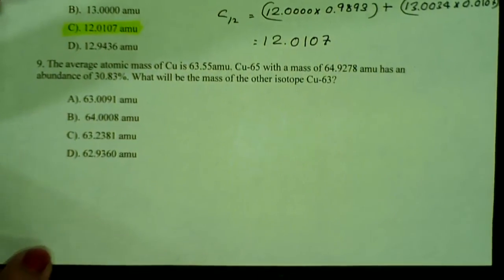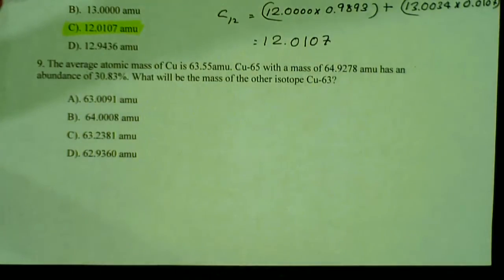So next question, the average atomic mass of copper is 63.55 AMU. Copper 65 with a mass of 64.9278 AMU has an abundance of 30.83%. What will be the mass of the other isotope, copper 63?